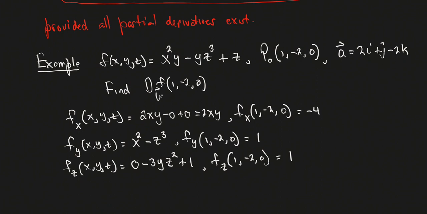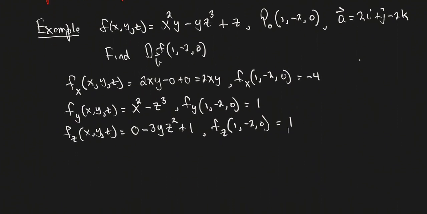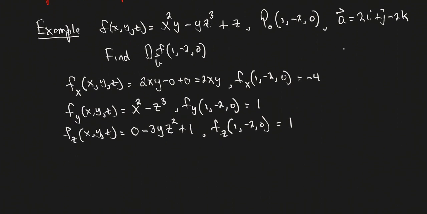Even if the letter u is being used, don't always assume that this is a unit vector. I think it's pretty clear that this one isn't, but how could we know for sure? Well, we can find the magnitude of this vector. So I'm going to ask this question: is that vector a unit vector?